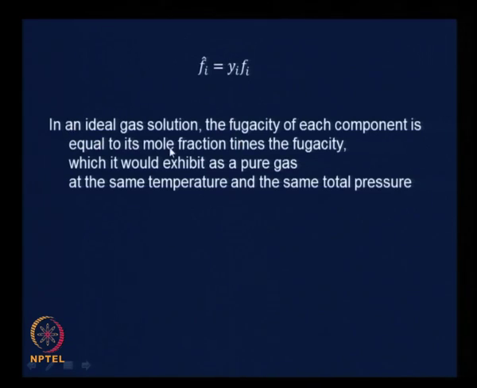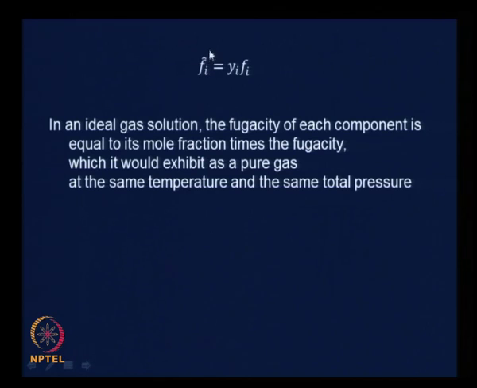To repeat, in an ideal gas solution, the fugacity of each component F̂i is equal to its mole fraction times the fugacity which it would exhibit as a pure gas at the same temperature and the same total pressure. This is something powerful. What has it given us?